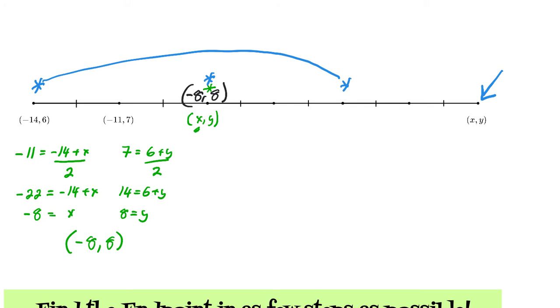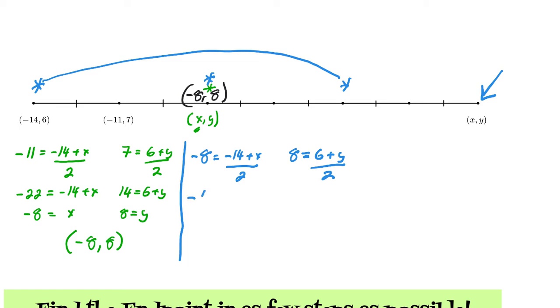So now, staying with the color blue, I know that my midpoint is negative 8, positive 8. I know the x value I have is negative 14 again. I'm going to divide by 2. And the y value I have, one more time, is 6 plus y divided by 2.